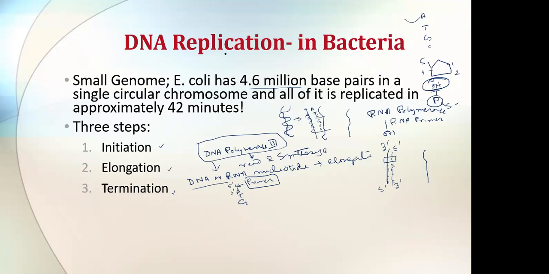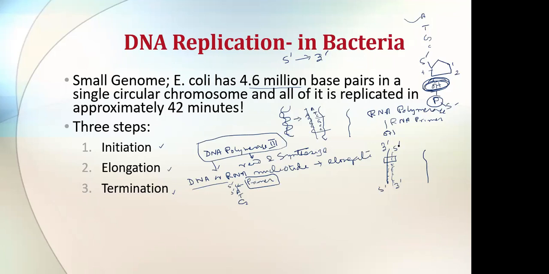DNA polymerase can only make a new strand in one direction. DNA replication always goes from 5' to 3'. Why? Because remember that at the 3' end we have that OH group, and the 5' end is at the top. So 5 will add up, 3 will be here: 5, 3, 5, 3.